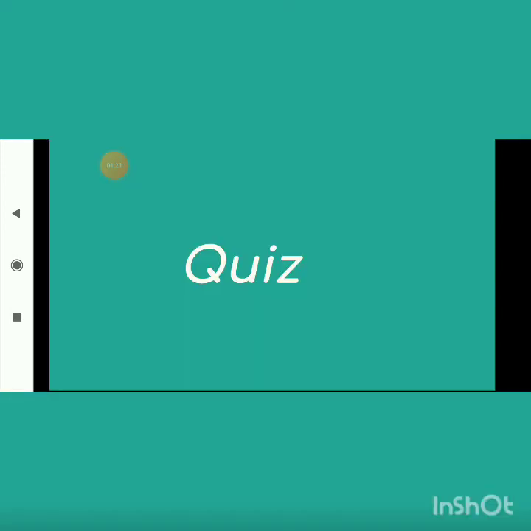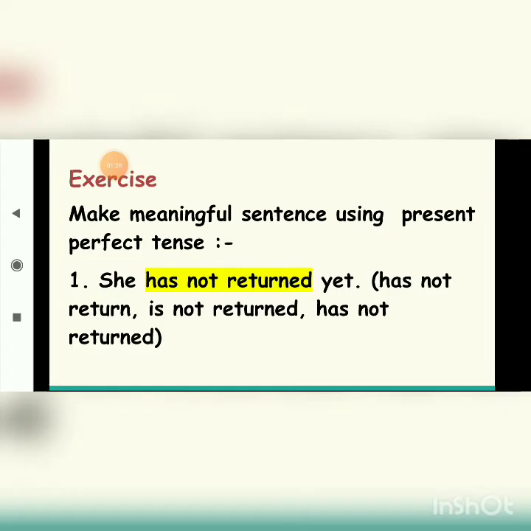Now we will take a quick quiz to find out whether everything is being understood or not. Exercise first one, make meaningful sentences using present perfect tense. It means we have to make a meaningful sentence using present perfect tense.